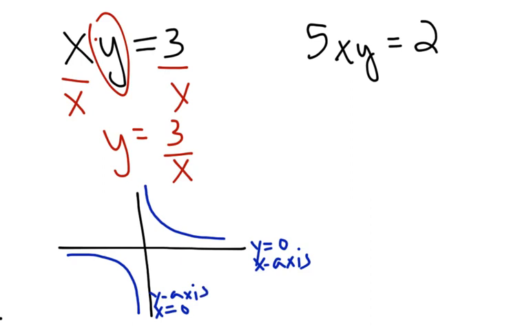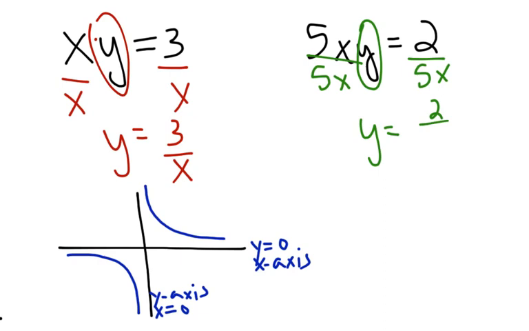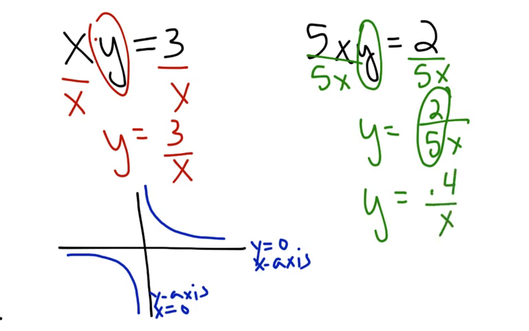If I solve this second equation for y, I get rid of the 5x by dividing both sides by 5x. Now, this is an interesting case because the numerator is actually 0.4, because you have to take that 2/5 and change it into a decimal.